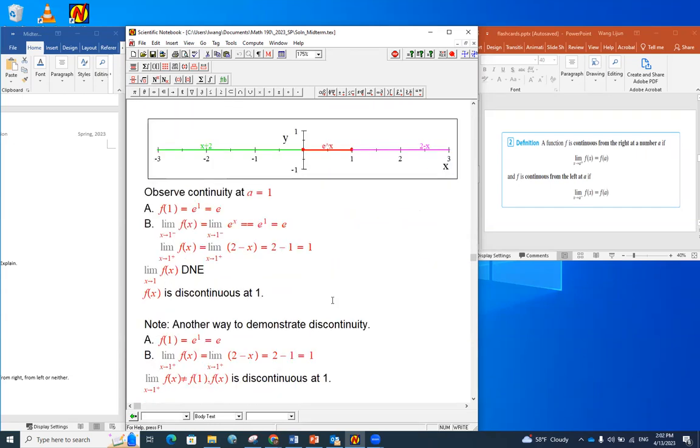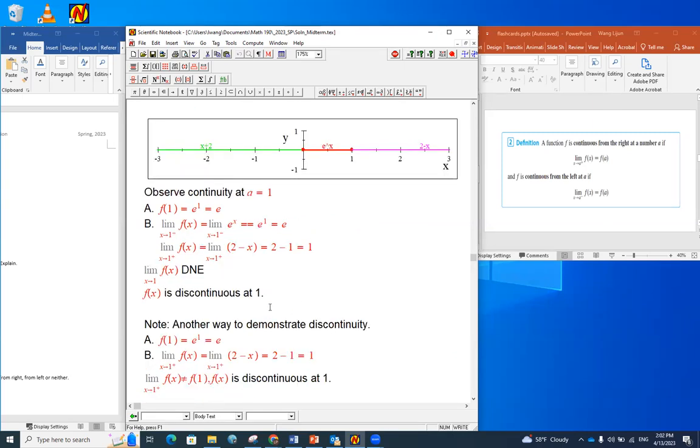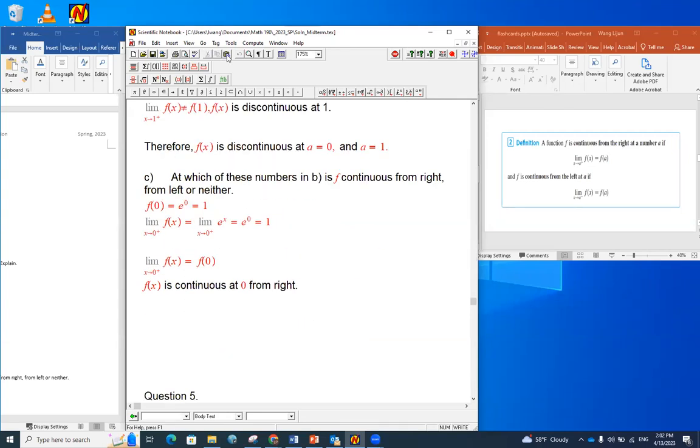So at point 1, what have we found? At 1, these two are the same, not the other one. We got f of 1 equals e, and the limit as x approaches 1 from smaller than 1 is also equal to e.